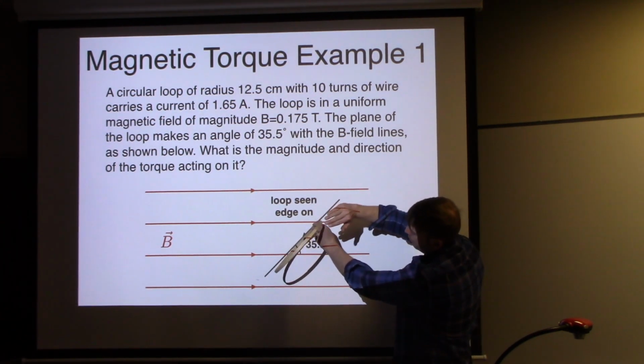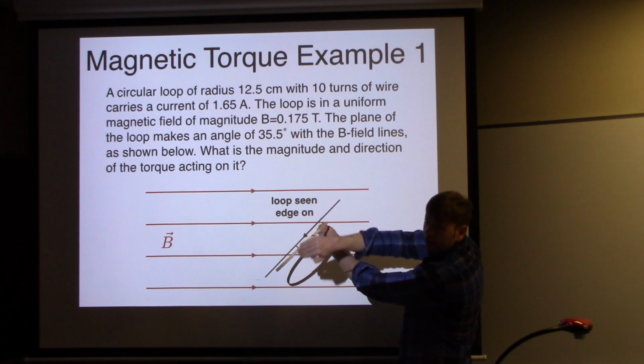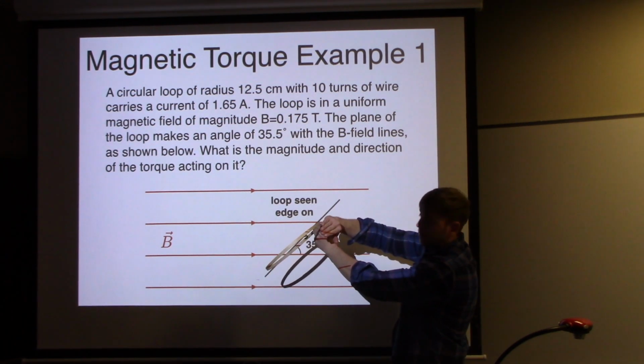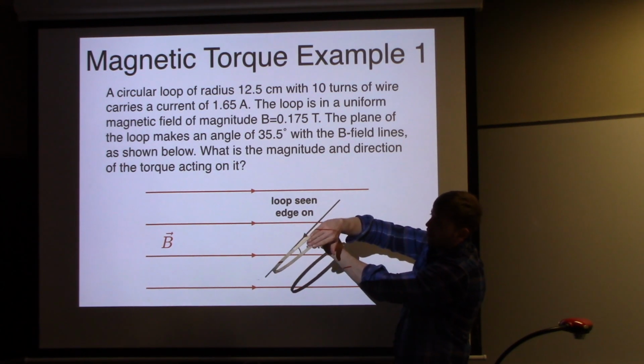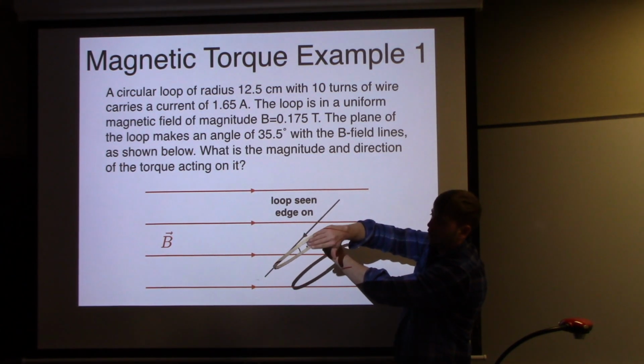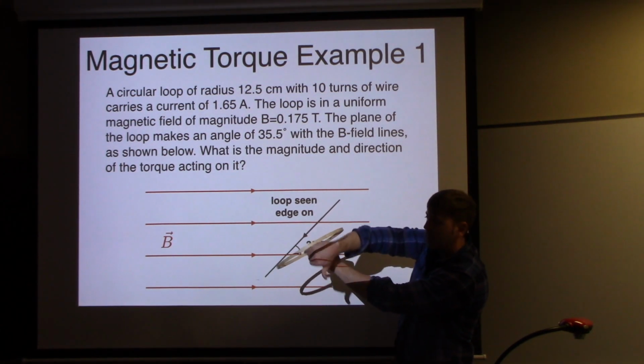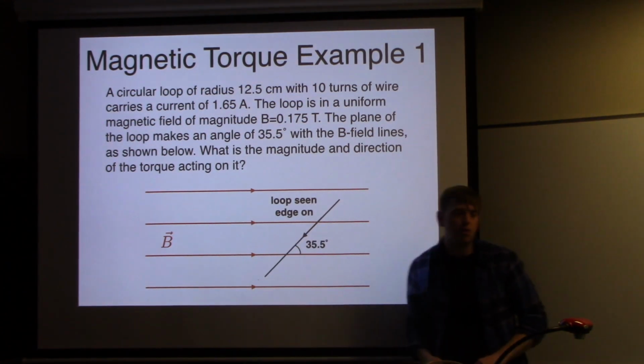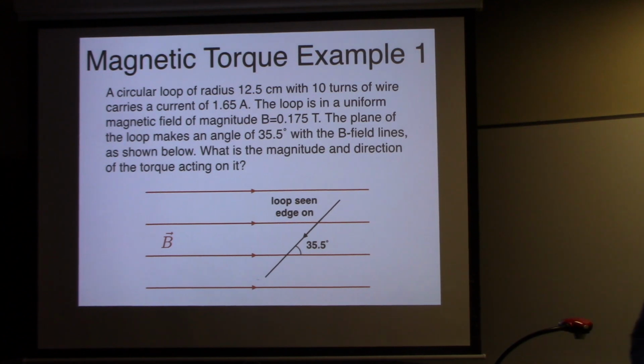Okay? So my current is going down and to the left like this on the side that's facing you. So if I do the right-hand rule, basically I'm going to curl my fingers in the direction the current is going in, and it looks like my magnetic moment is going like this. So kind of down and to the right is the magnetic moment. That's one thing just to see immediately.